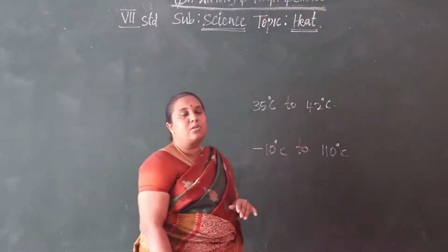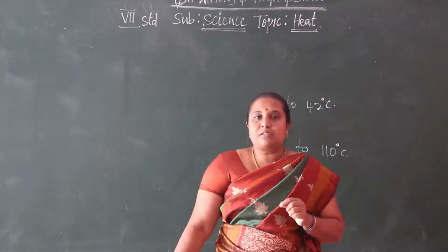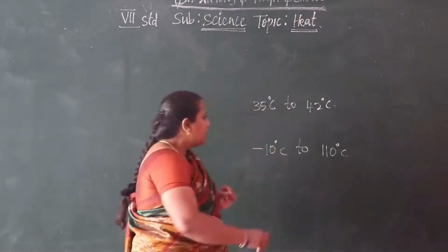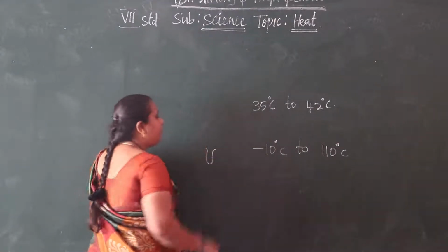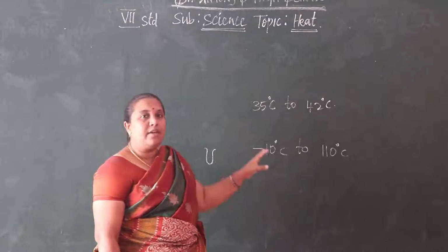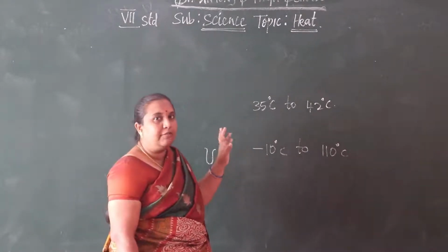Here also we have a bulb. In the laboratory thermometer also we have a bulb. At the end point we can't draw it in horizontal form, so we can draw the laboratory thermometer in vertical form only.